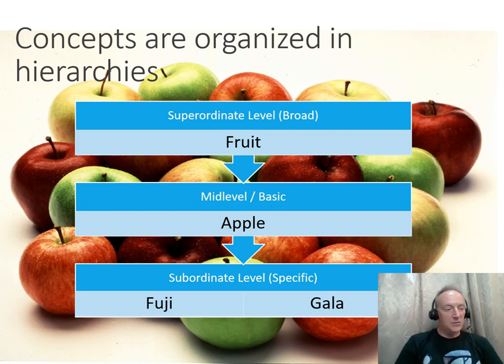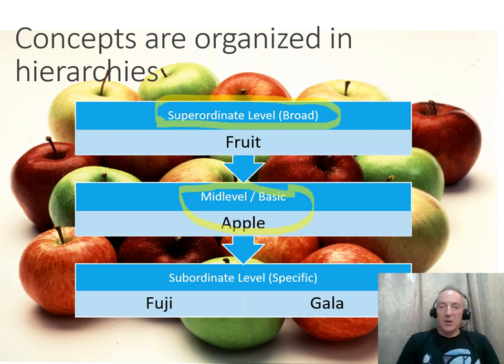So let's use the basic concept of an apple. That is what is known as a mid-level concept. There's a broader category, a broader grouping. That's what we call the superordinate level. So an apple is just one type of a broader concept, which is fruit. And then we can get the subordinate or specific level concepts.